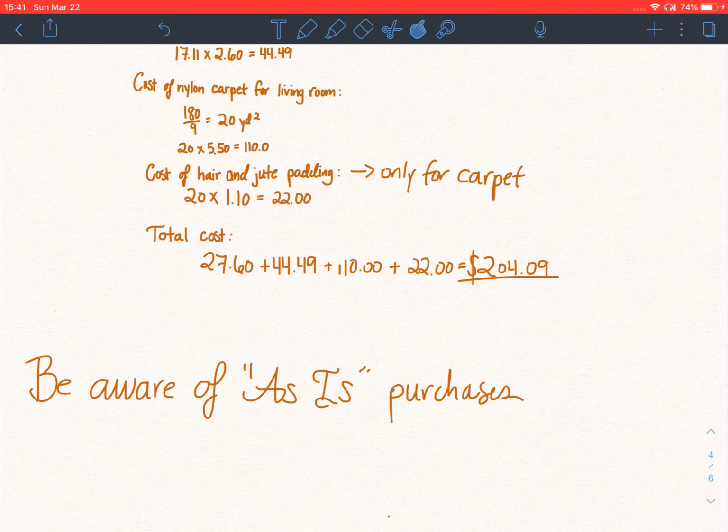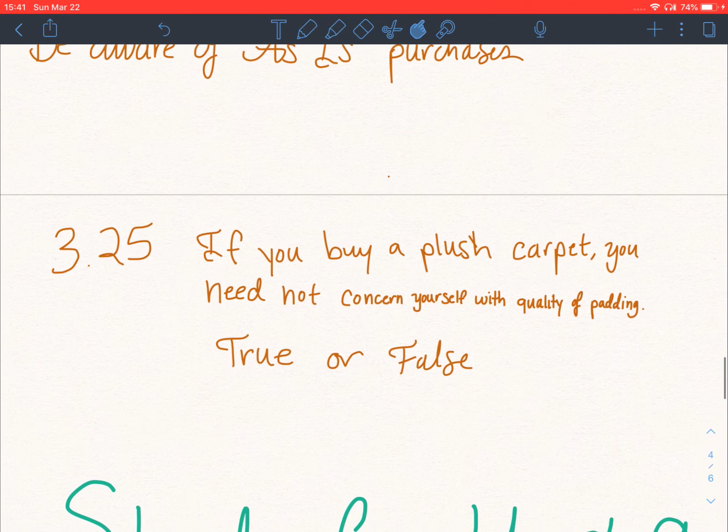Typically, an as is purchase is not always the best quality, or it was returned for some reason. Usually as is purchases have some defect or damage. So just see what the damage is, if it's something that you can cut out, or if it's total damage, before you purchase it.